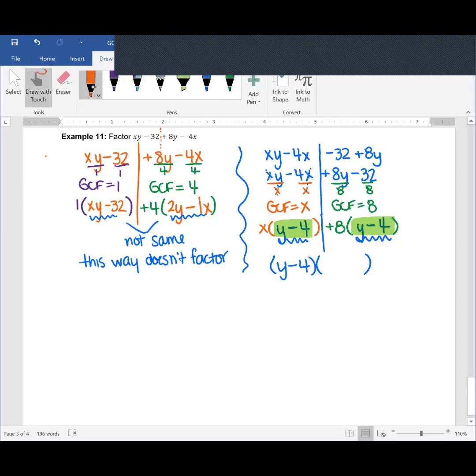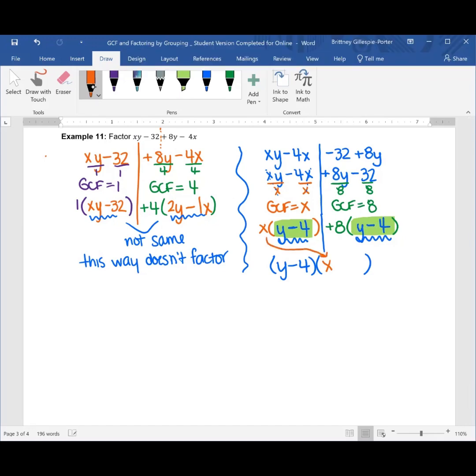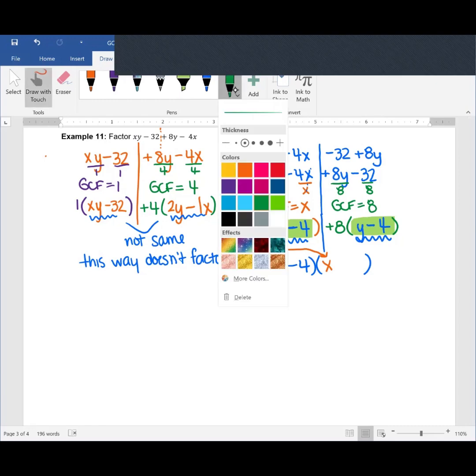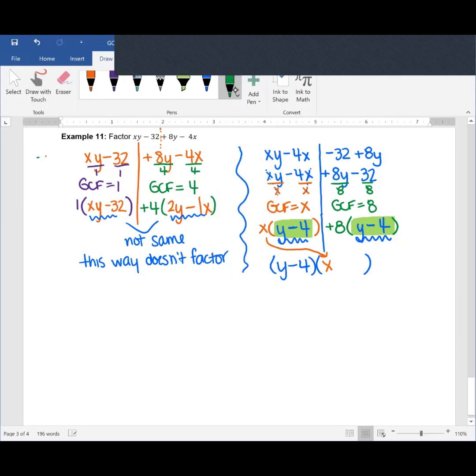On the left-hand side, when we take y minus 4 away, we're left with an x. And on the right-hand side of the wall, when we take the y minus 4 away, we're left with the positive 8, which is where our plus 8 comes in.